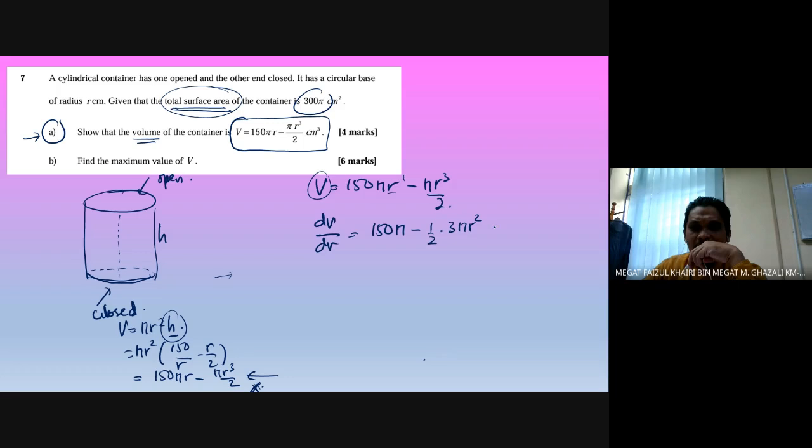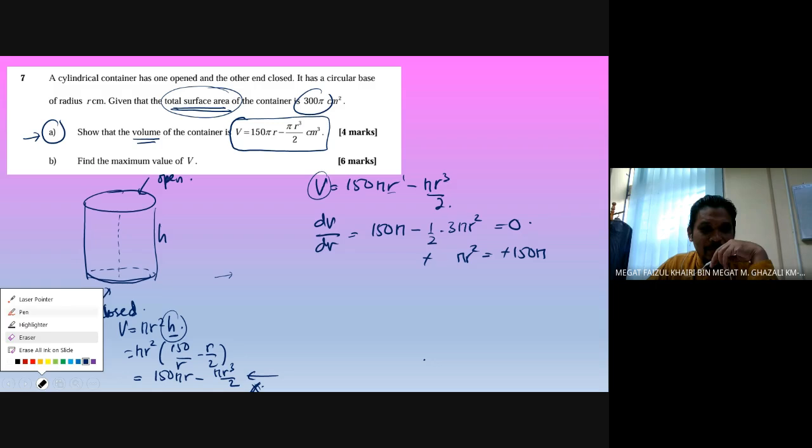Find the maximum volume, which means make this one equal to 0. Then we get negative 1 over 2 times 3 pi r square equal to negative 150 pi. Negative times negative becomes positive. So 1 over 2 times 3 is 3 over 2.